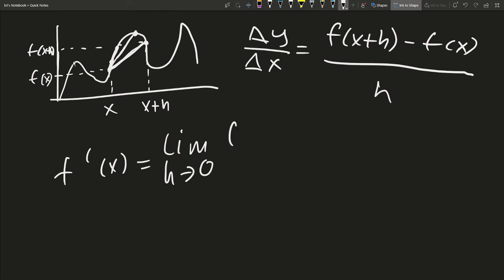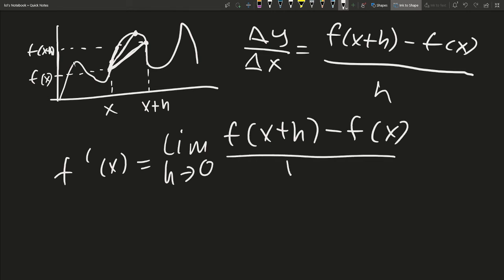So we just copy in what we've already figured out. There we go. That's the limit definition, the first principles definition of the derivative.